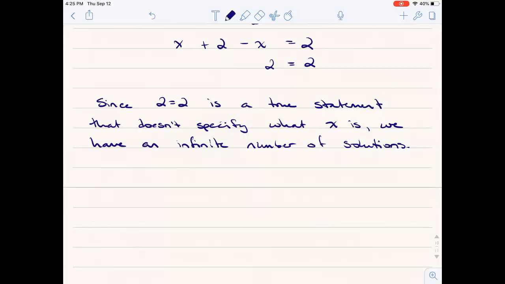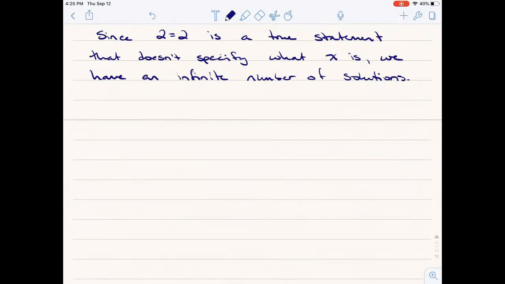In a similar scenario, if we end up with a statement that's false at the end, say something like 1 equals 2, that's false. It actually tells us that we have no solutions.